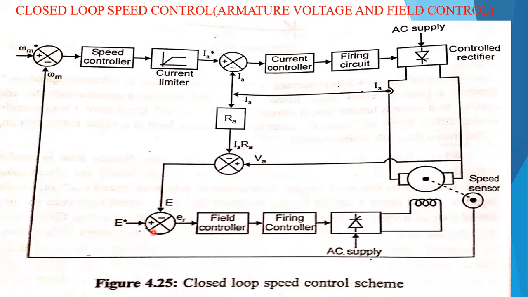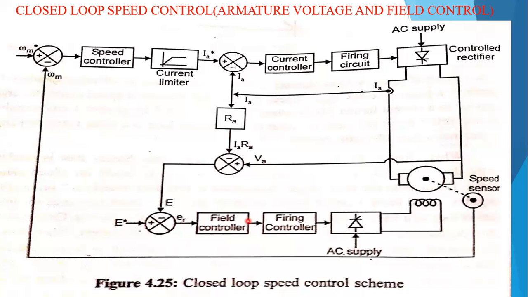Understood? So here we are considering below base speed, which means the field current is constant. Thus N is equal to EB by phi, where EB is V minus IA RA.